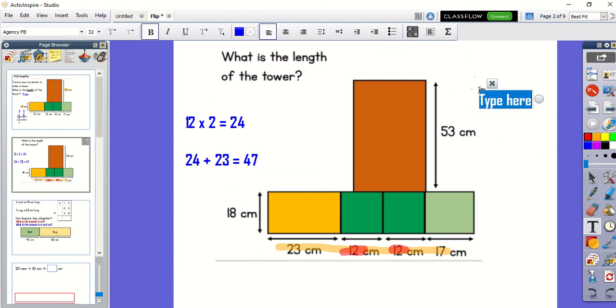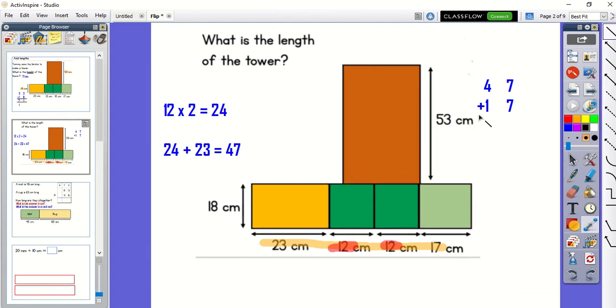So now I can set up my column method. So 47 add 17. Okay. Set up my lines. Okay.